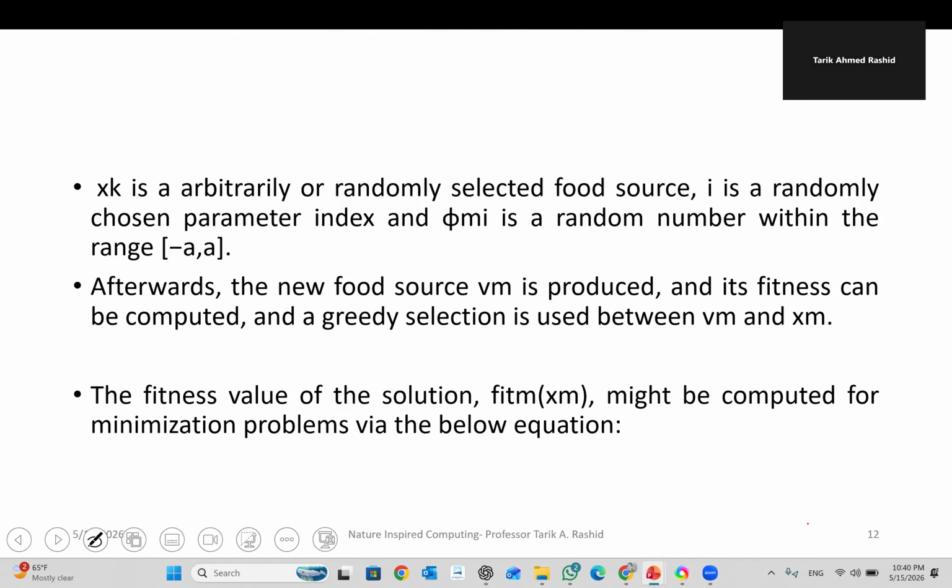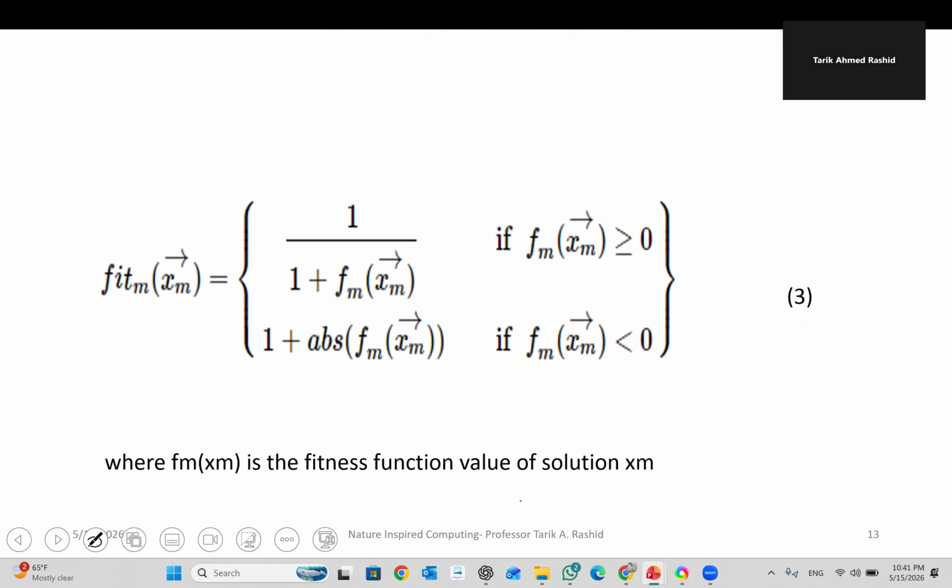A greedy selection will be used: when we create VM and we have XM, we check which one is better. It will be a greedy selection. And here is the function for the fitness.